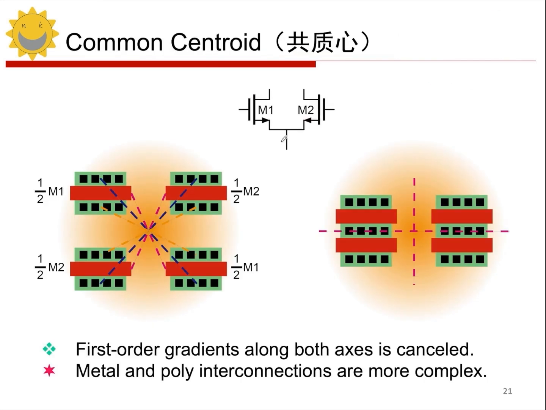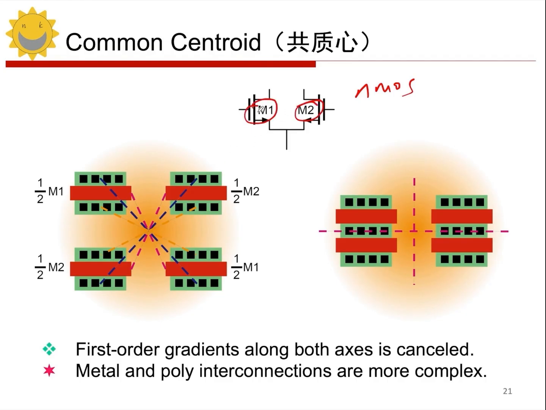For example, let's take this case where we want to draw a differential pair. At this point, we have an NMOS, right? This is an NMOS differential pair, and this is the input side. We need to connect them together at the input side, while the output side is separate. We have 2 gates, which are M1 and M2. Now in this case, we need to draw the layout, and for that, we will split M1 and M2.